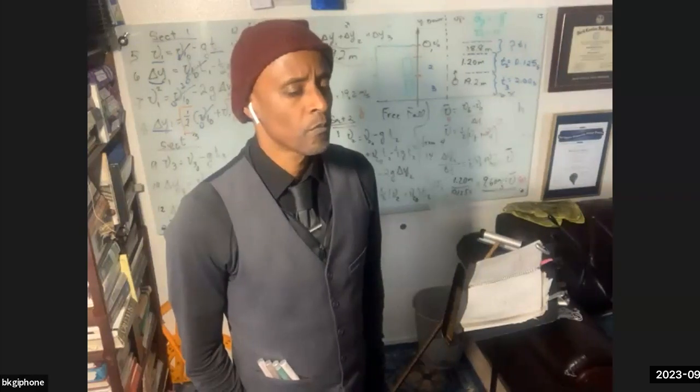Yeah, and because the equation that we would use to solve it is x minus x naught equals v naught t plus half a t squared, and then solve for our initial velocity.